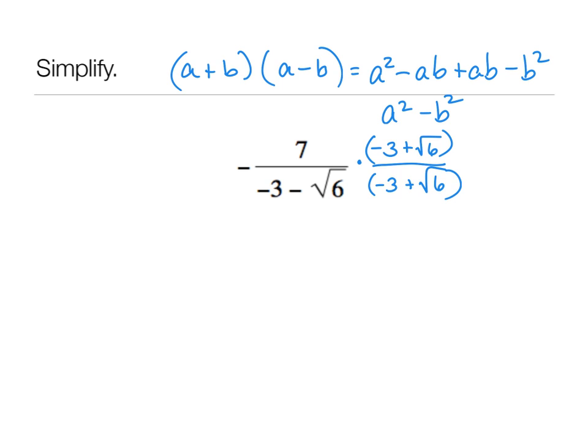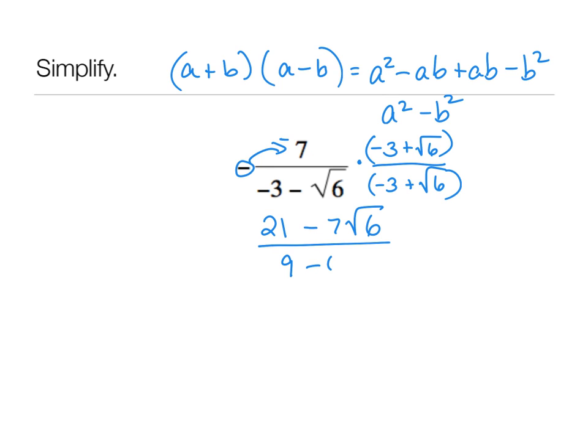That is allowed because all I'm doing is multiplying by a form of 1. Let's move this negative up to the numerator. So this becomes 21 minus 7 square root of 6 over negative 3 squared is 9, and square root of 6 times square root of 6 is 6.